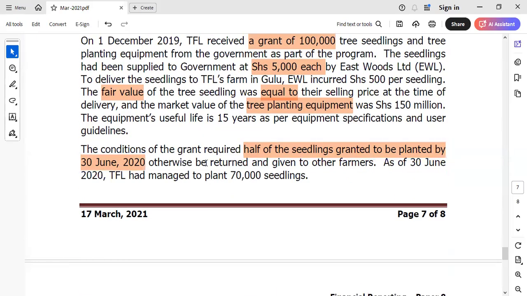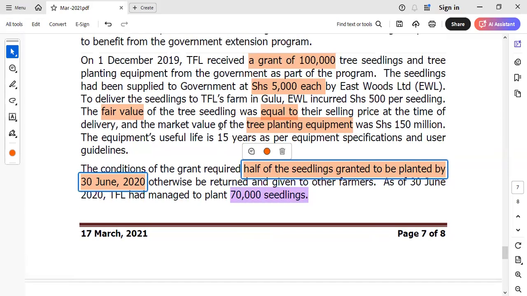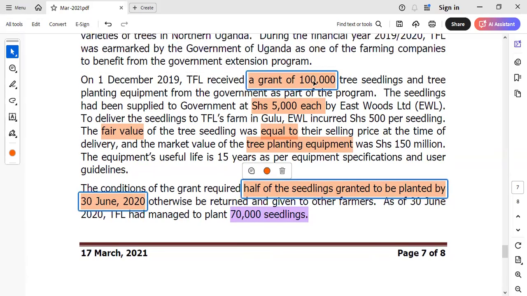They are telling us that as of 30th June 2020, TFL had managed to plant 70,000 seedlings. You remember you had how many? From the question, the grant seedlings were 100,000.